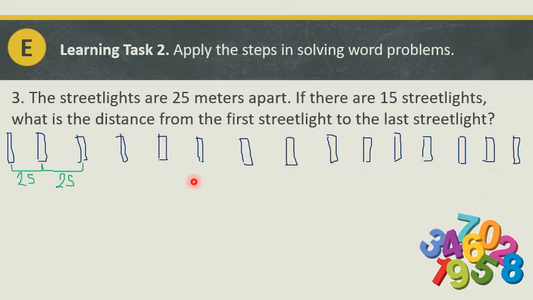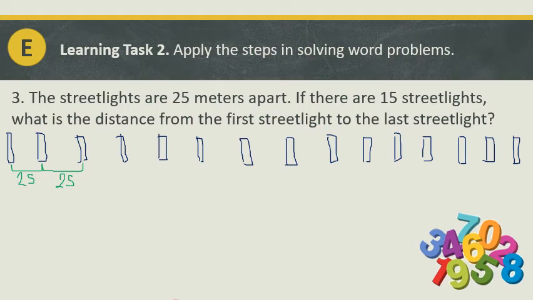So, gaano kalayo simula dito sa first street light up to the last street light? So, ilang 25 kaya ito? Bilangin na natin. 1, 2, 3, 4, 5, 6, 7, 8, 9, 10, 11, 12, 13, 14. So, 14 na 25.